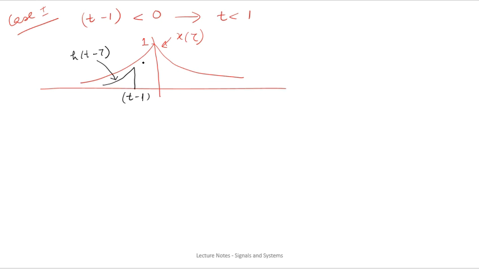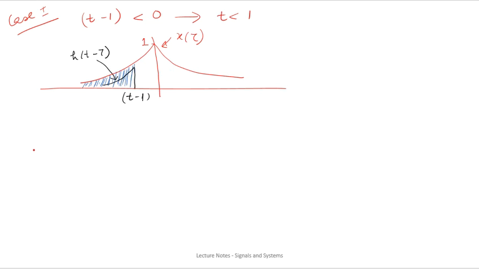If I shade this region, you can see this is the common region between these two waveforms. What you have to do is perform the integration over this common range.